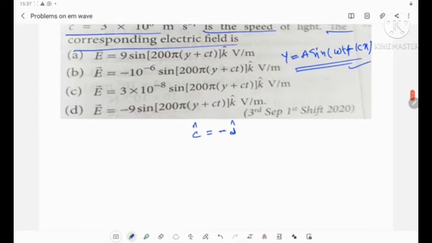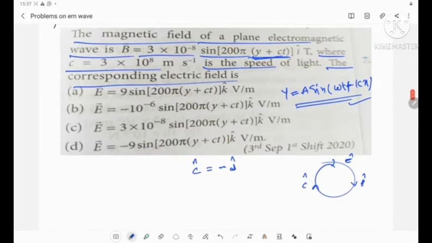So here this is E cap, B cap, and here is C cap. Here the magnetic field vector is given. From that we have to find out the electric field vector.